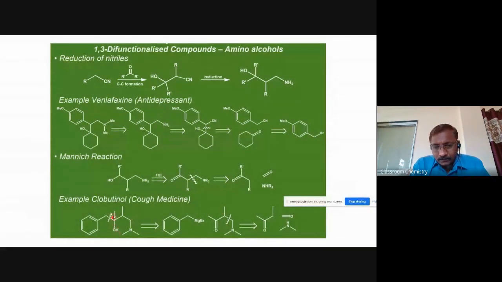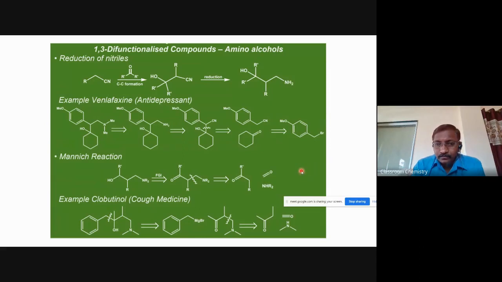Here, if you observe, there is breaking of the benzyl group, so we can get the corresponding ketone. And with respect to the ketone again there is a 1, 3 position, 1, 2 and 3. This benzyl bromide is easily available. When we disconnect this, it is obtained from a secondary amine, and here is the corresponding aldehyde, and ketone. So it is a multi-component reaction. We have to use such multi-component reactions to carry out further synthesis of the drug intermediate.